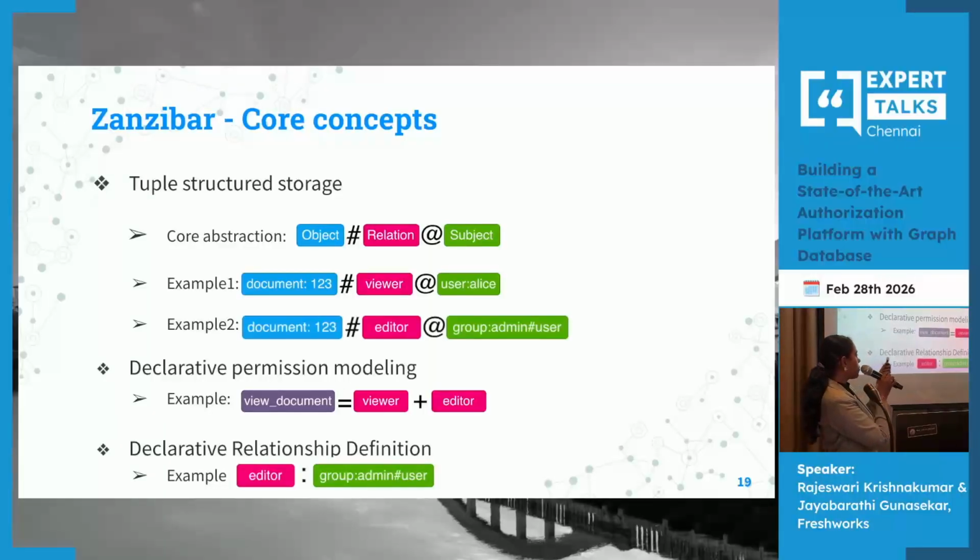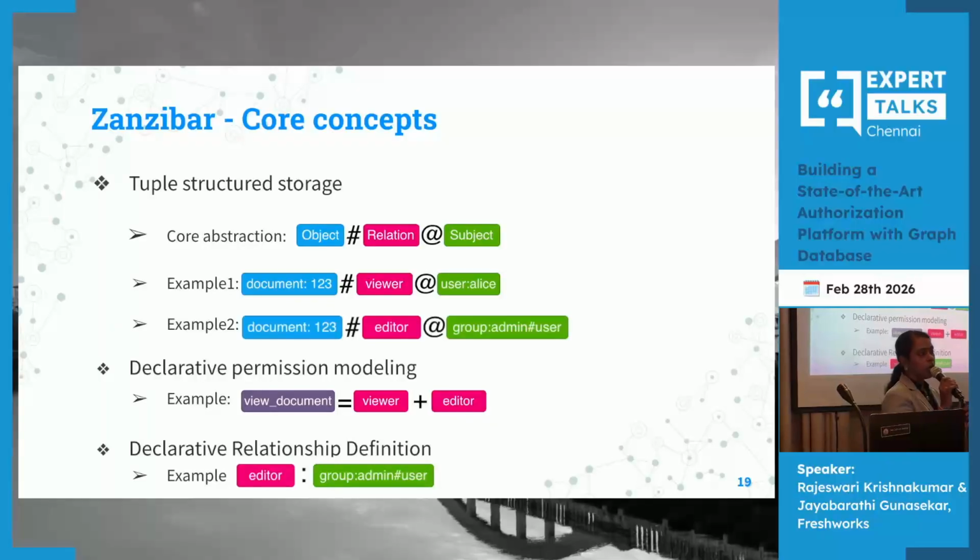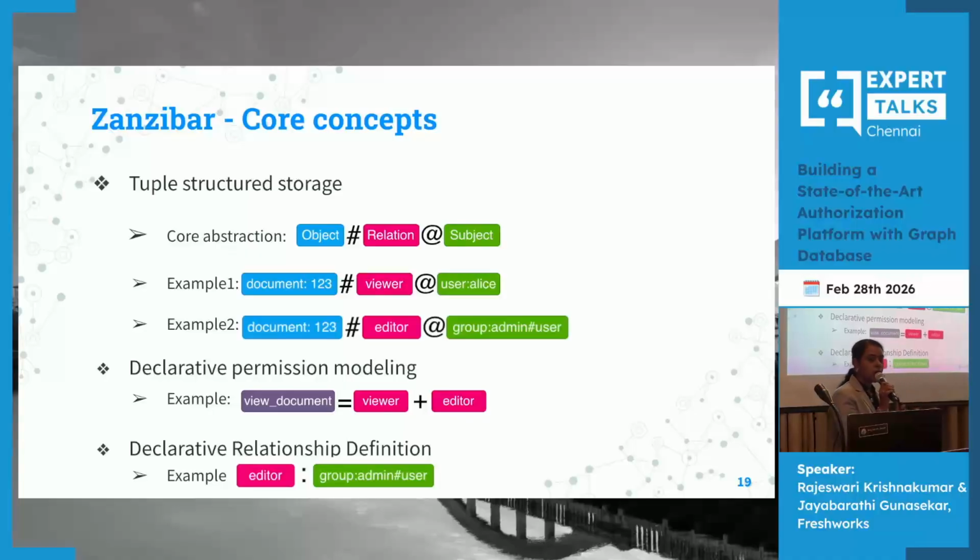And now, if we check if any of the admin users has access to view document, then via the permission definition where we have the editor, that particular user will get the view document access. So this is how permission is verified in Zanzibar, and this is how it is being modeled using a tuple-based data store, tuple-based storage.